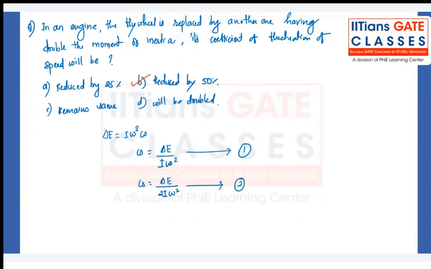So this is Cs1 and Cs2. You can clearly see that it will be reduced by half, right? It is 1 by 2 times the first equation.